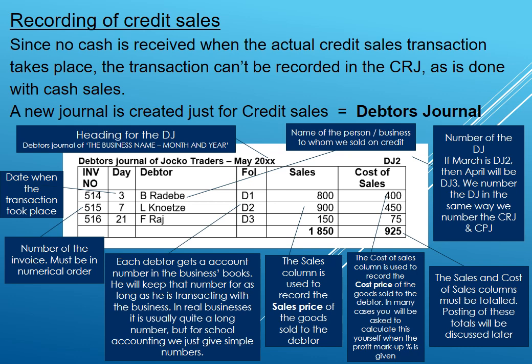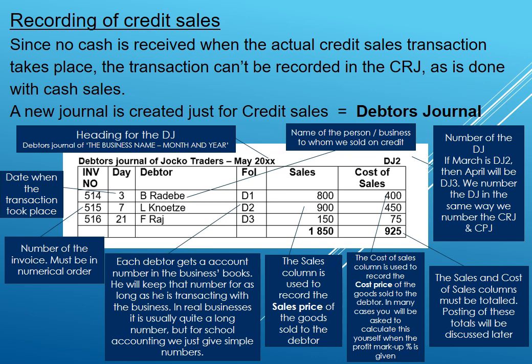So 514, as you see here, 515, 516. If you do an exercise and you record something in the DJ and those numbers are not following on each other, then you must realize that somewhere there is a mistake. Then the next column that we have is our day column, and that's the day on which a transaction took place, and that information you also get on the duplicate credit invoice.